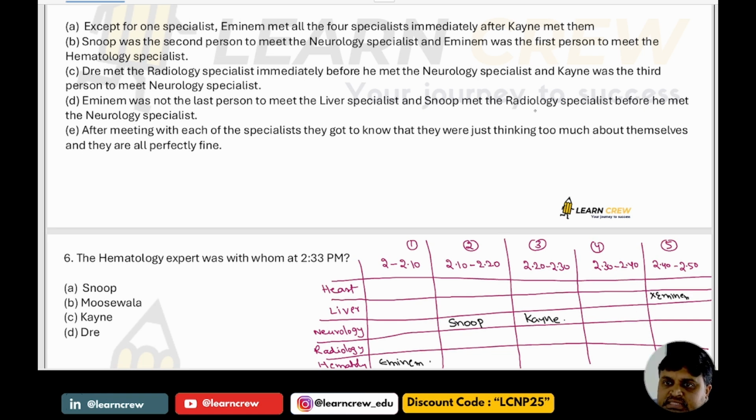And Snoop met the radiology specialist before he met the neurology specialist. So Snoop would be here, because 2:10 to 2:20 Snoop met neurology. Before that, 2 to 2:10, he met radiology specialist.